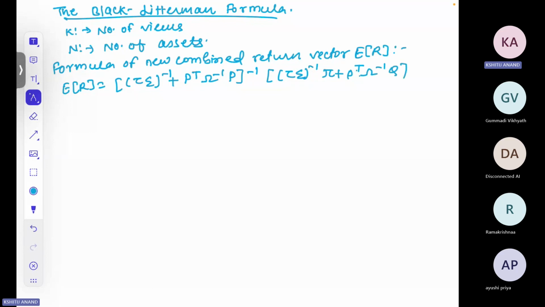This is the multiplication of two parts. This is the first part, and this is the second part. This is the expected return from the Black-Litterman model. Now let us see what each term is. Tau over here is a scalar.